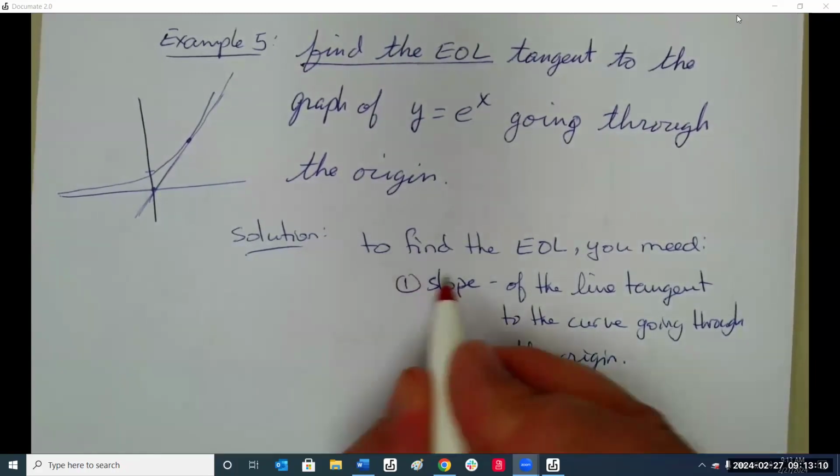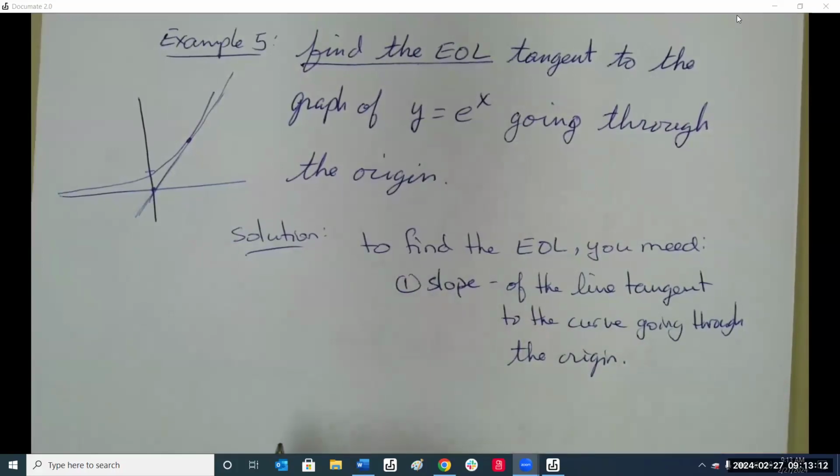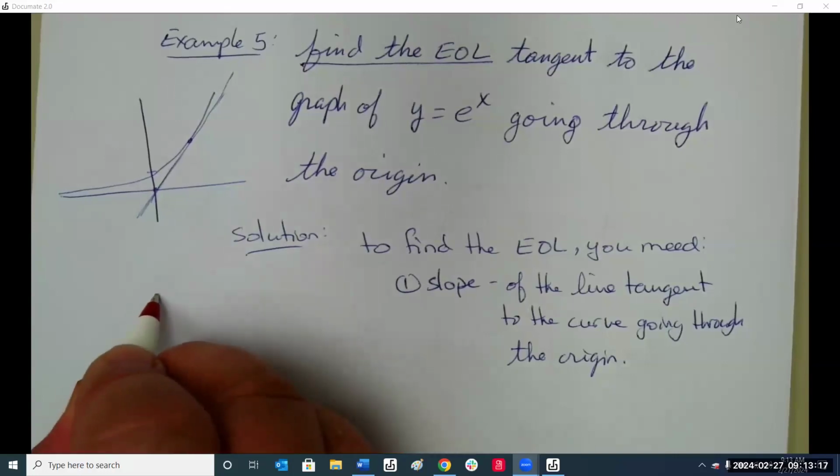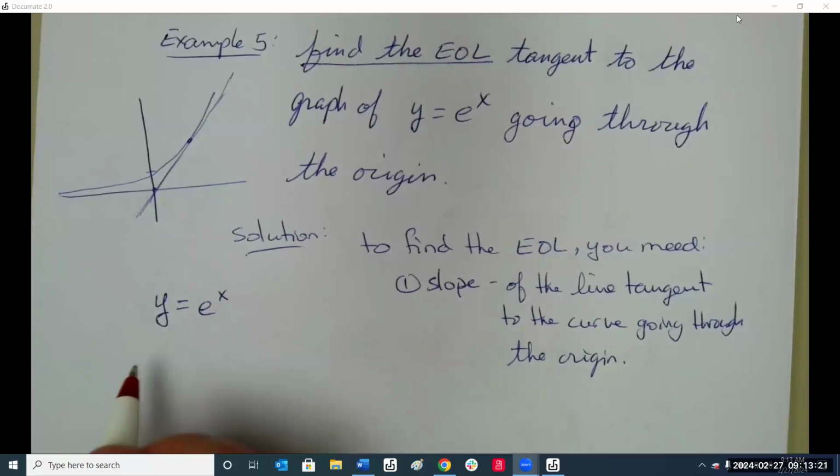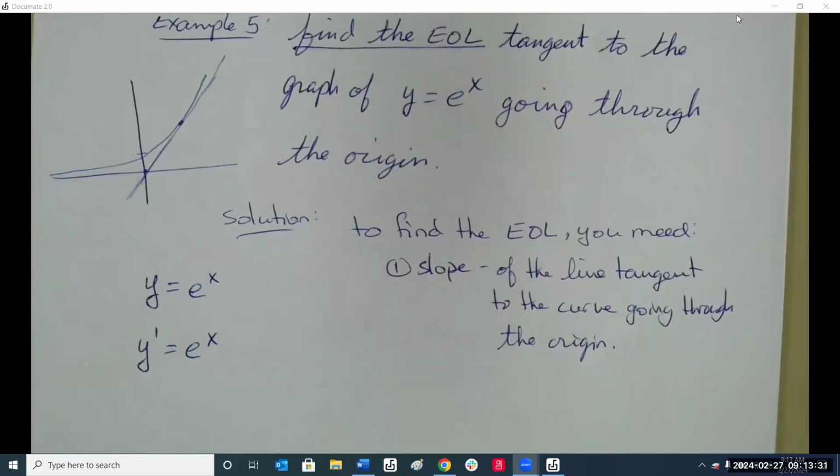Okay, how do we find the slope of that line going through the origin? So to find the slope, what do we do? How do we find the slope? The derivative, which is e to the x. So this is the slope.